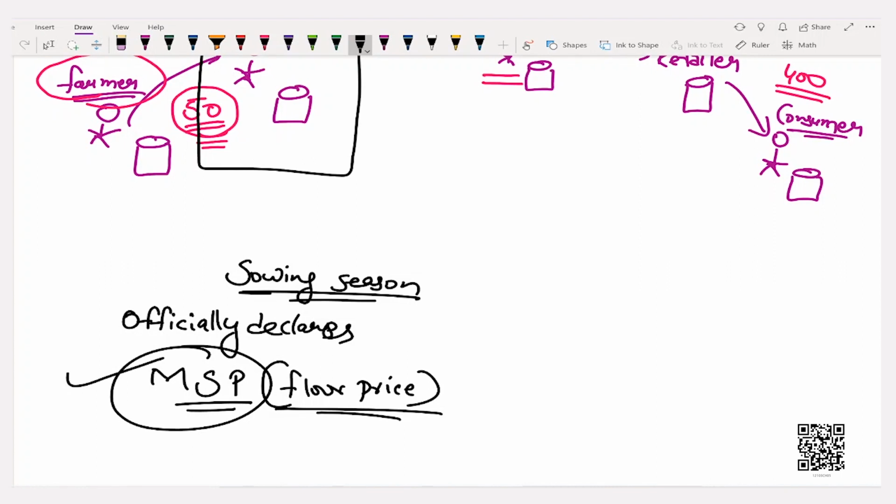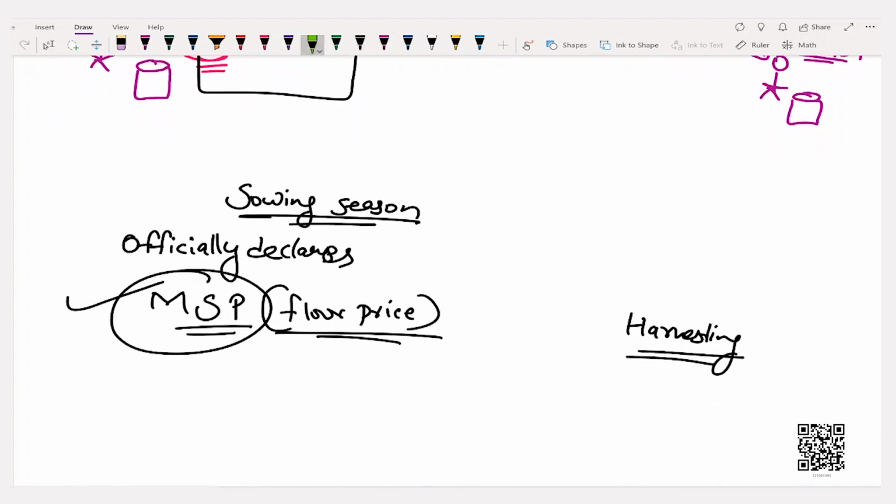This will give him a guarantee of what amount of income would be generated at the time of harvesting. So, let us suppose the government has given a price of rupees 250 at the time of sowing season, he will get that 250 rupees at least at the time of harvesting.